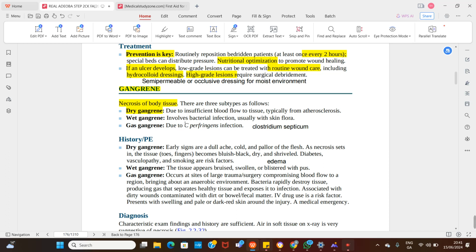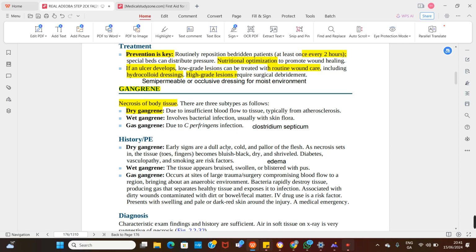Those are cardinal signs of arterial occlusion, right? So there's going to be a dull aching pain, there's going to be pallor, and there's going to be cold sensation. Then later on, the necrosis will now set in, death of the skin cells, and death of the tissues within that area, with eventual blackish discoloration of the skin. So once you see that, just think about gangrene already setting in.